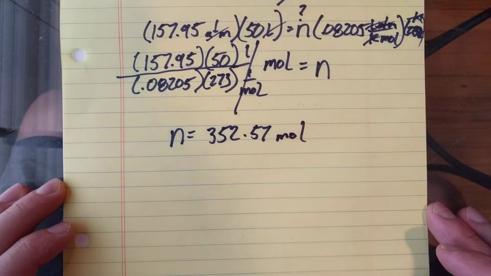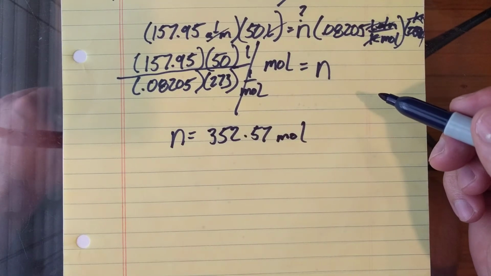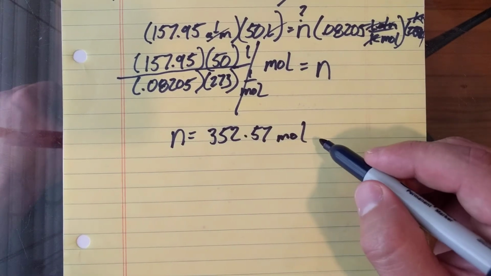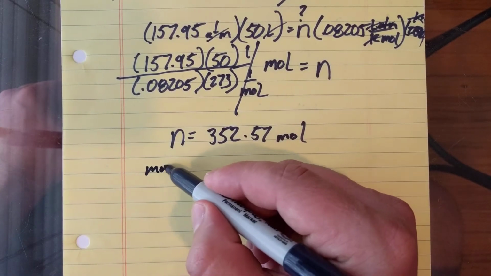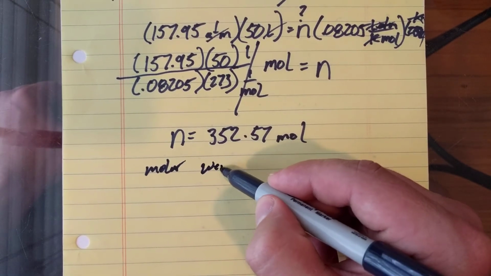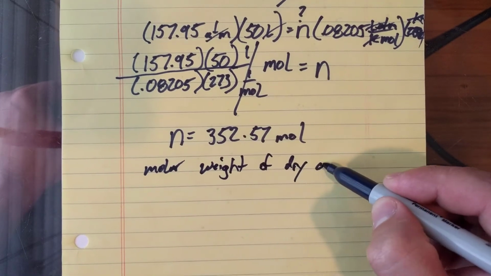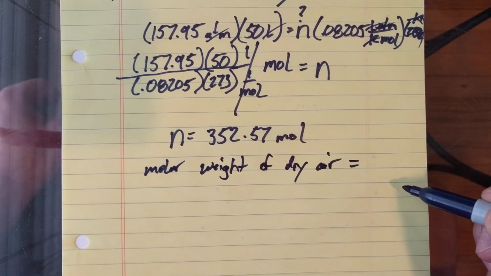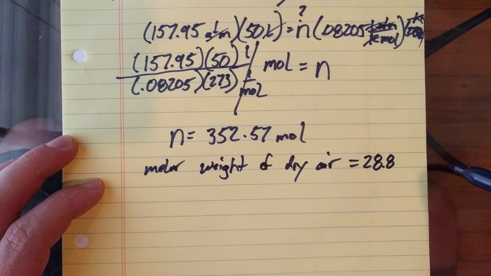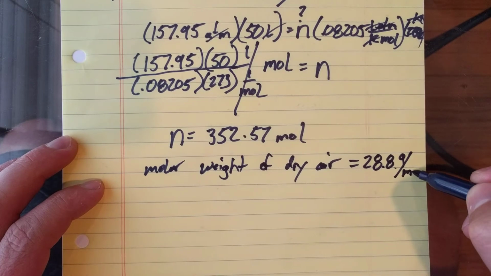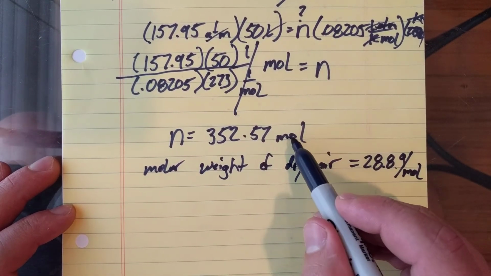Okay, last little part. They wanted us to find the weight of dry air in the cylinder, correct? So this needs to be in grams. We have that the molar weight of dry air is equal to 28.8 grams per mole. Moles on the bottom, moles up top.